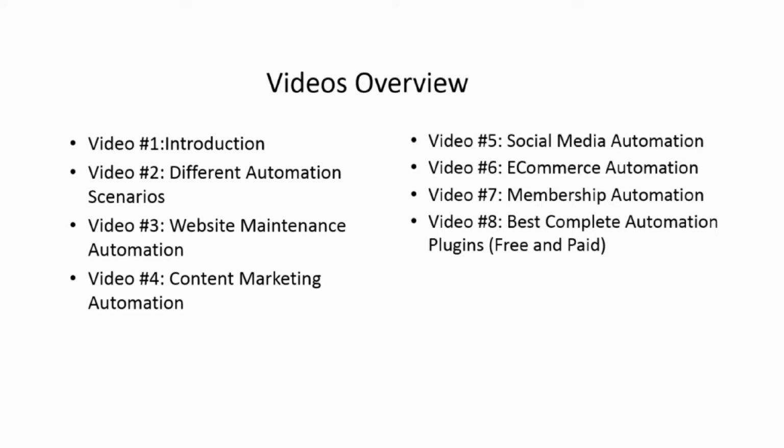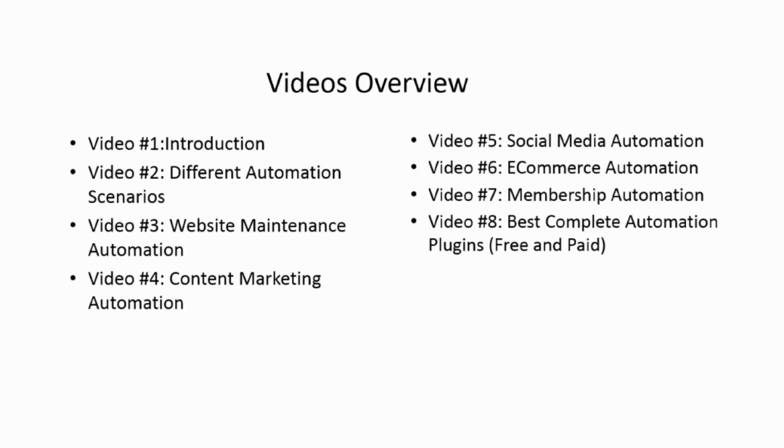Now I put this particular video in here for a reason, and the reason is some of you may already know exactly what you want to automate via the videos 3, 4, 5, 6, 7, but some of you may have no idea what to automate. So this video is going to help you expand your mind and understand kind of what's available to you and what's going to happen so that you can plan ahead.